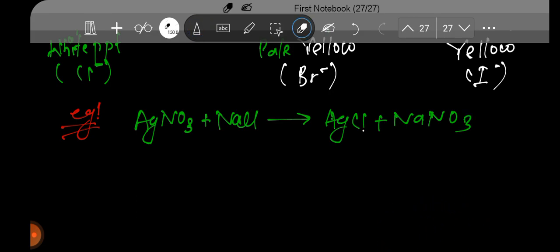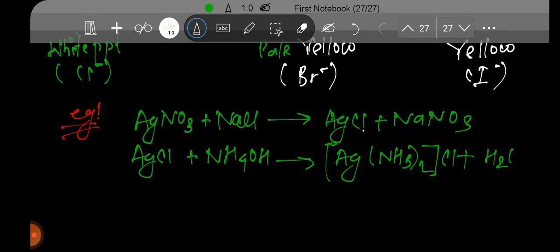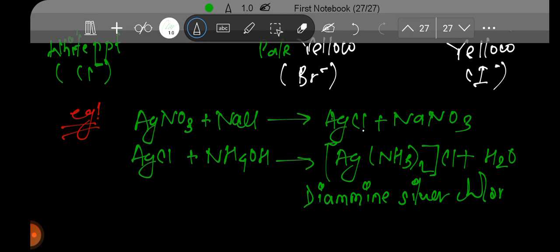Now this AgCl again reacts with NH4OH to give Ag(NH3)2Cl plus H2O, and this is known as diamine silver chloride.